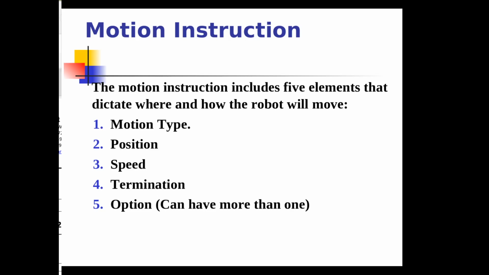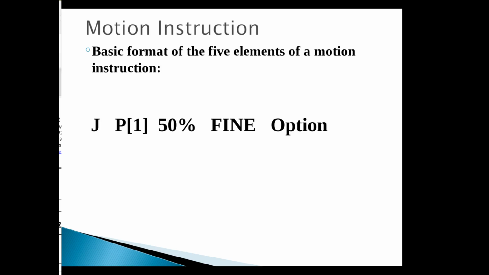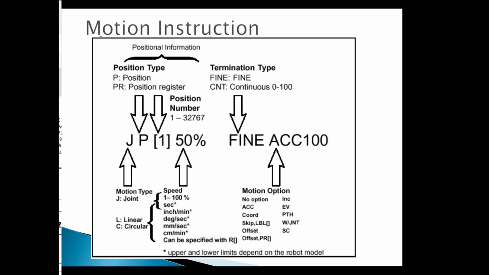The 5th part is an option that you can add on. You don't need the option, so you may only have 4 parts in the instruction. Here is a simple motion instruction. It has the 5 parts, but in this case option is just a generic word sitting there to show that.